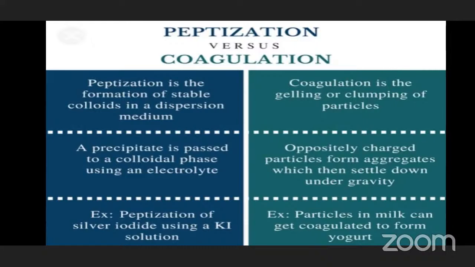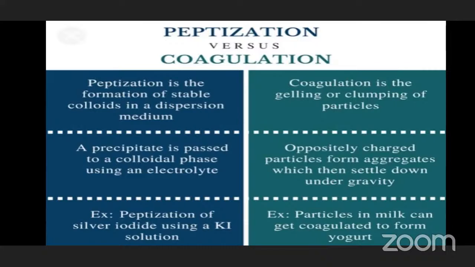Then the third point: the example of peptidization is the peptidization of silver iodide using a potassium iodide solution. Whereas in coagulation, an example is the particles in milk getting coagulated to form yogurt.